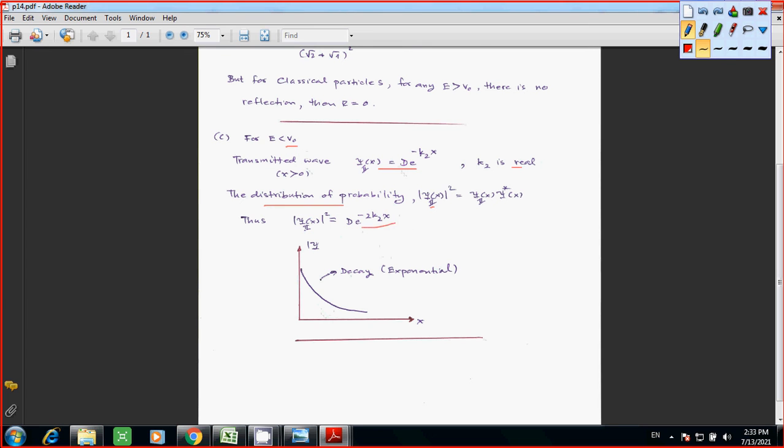So this acts like an exponential decay. Actually, I should have this be the magnitude of the wave function squared.